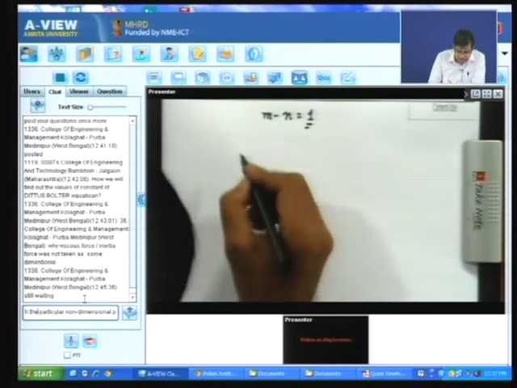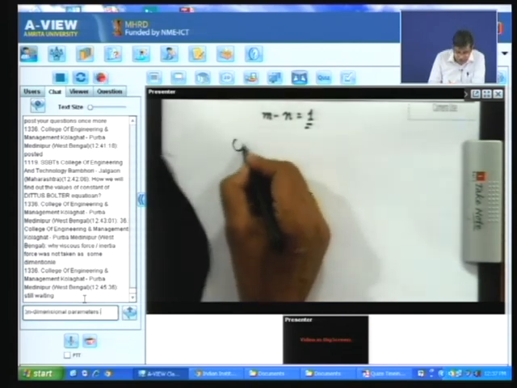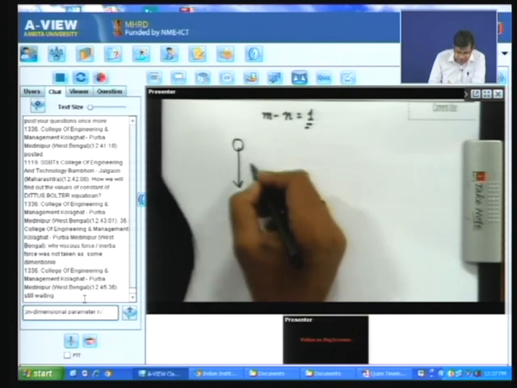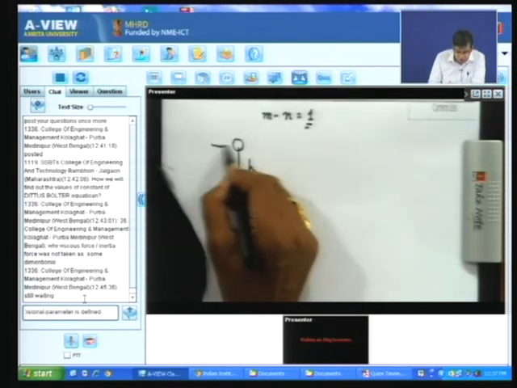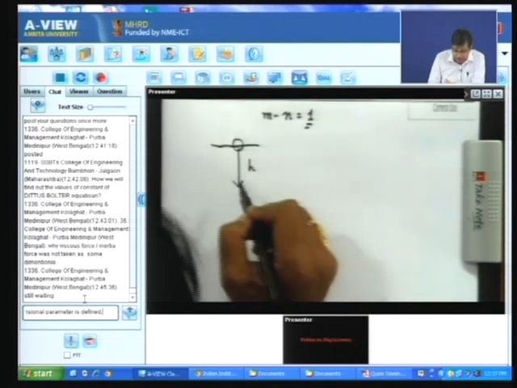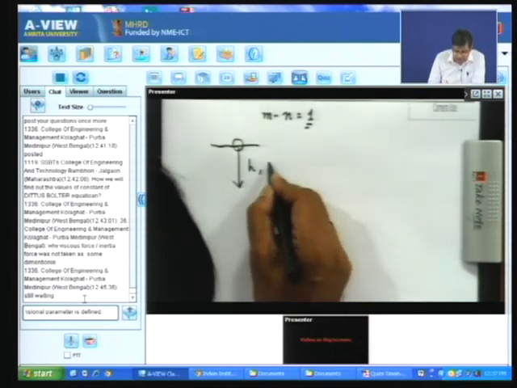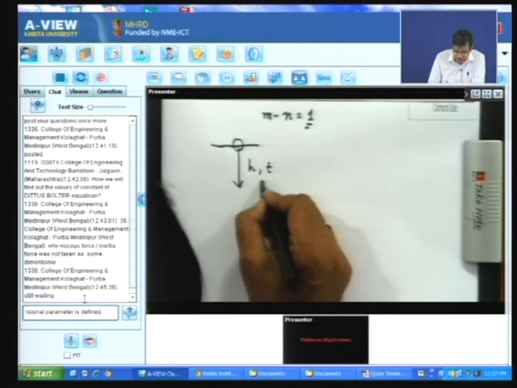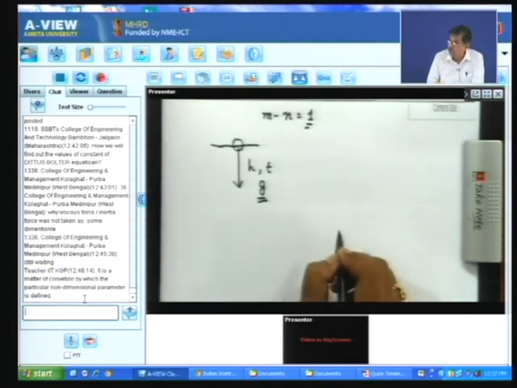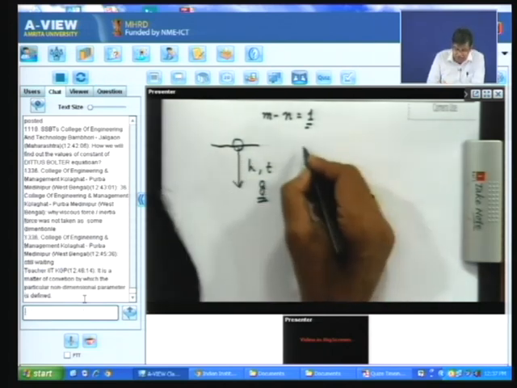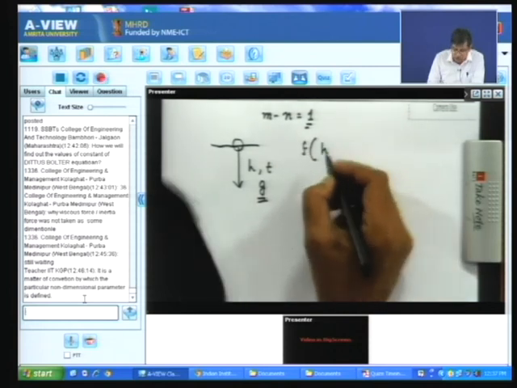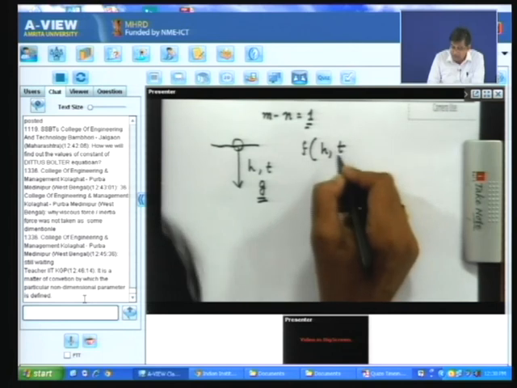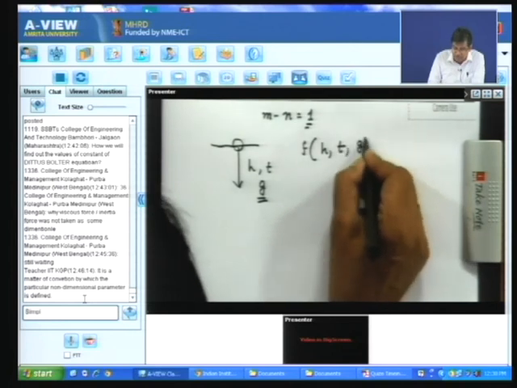The problem is a free fall: when a body is falling freely, the vertical displacement of the body from the point of projection at any instant of time depends upon the acceleration due to gravity, we know. That means this problem can be expressed functionally as the displacement from the point of projection, the time and the acceleration due to gravity is 0.